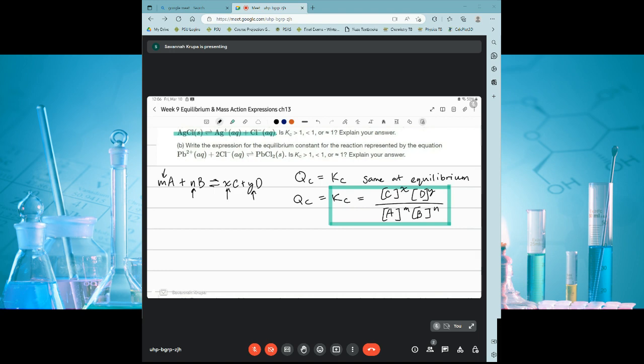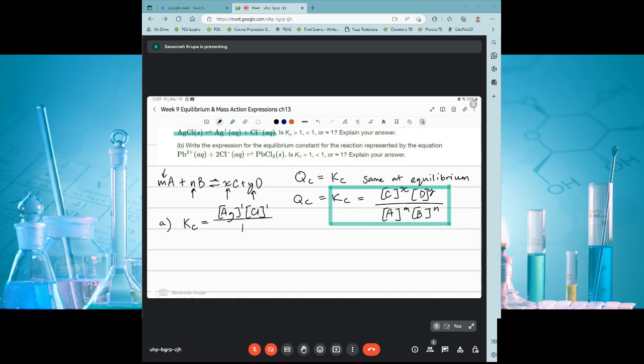So for the first one here, the Kc constant will be equal to the products, so that's the Ag plus, and then that will be raised to the power of 1 because there are no coefficients, divided by nothing actually, because solids cannot be in the reaction quotient, they're not considered.